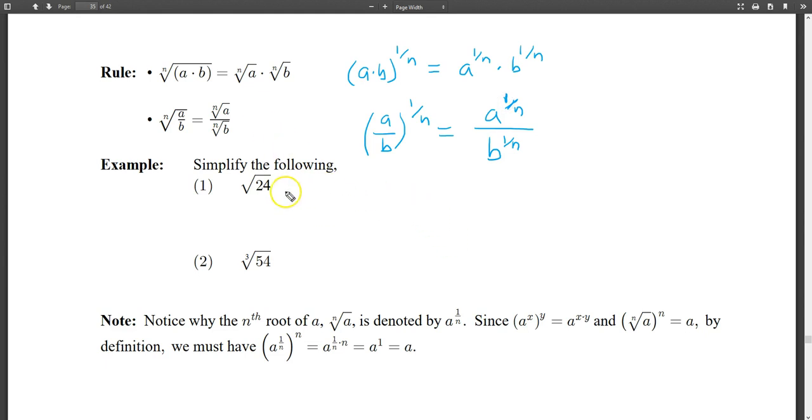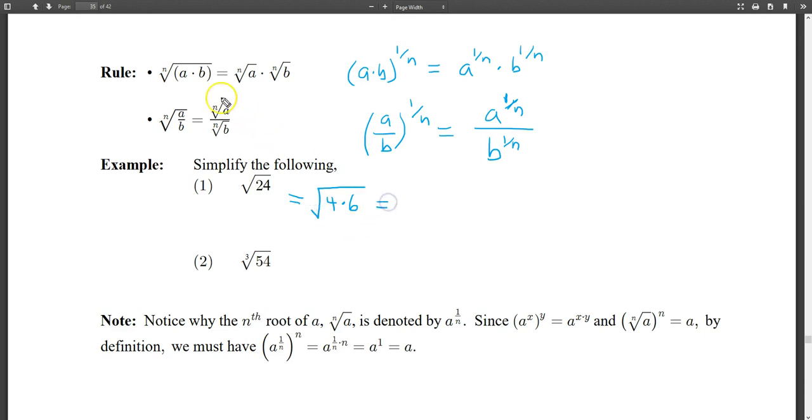So we can use this rule to simplify roots. For example, let's simplify the square root of 24. Well, notice that 24 is actually equal to 4 times 6, right?